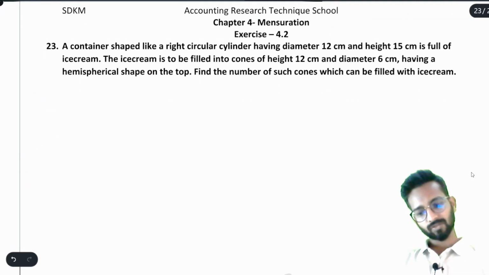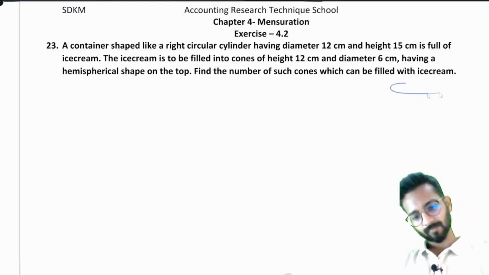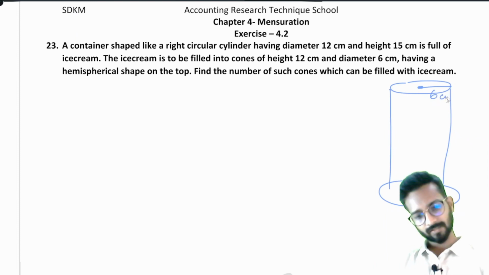Now, last question of the chapter and this exercise. See, a container shaped like a right circular cylinder having a diameter of 12 centimeter. If the diameter is 12 centimeter, radius will be 6 centimeter, height is 15 centimeter.